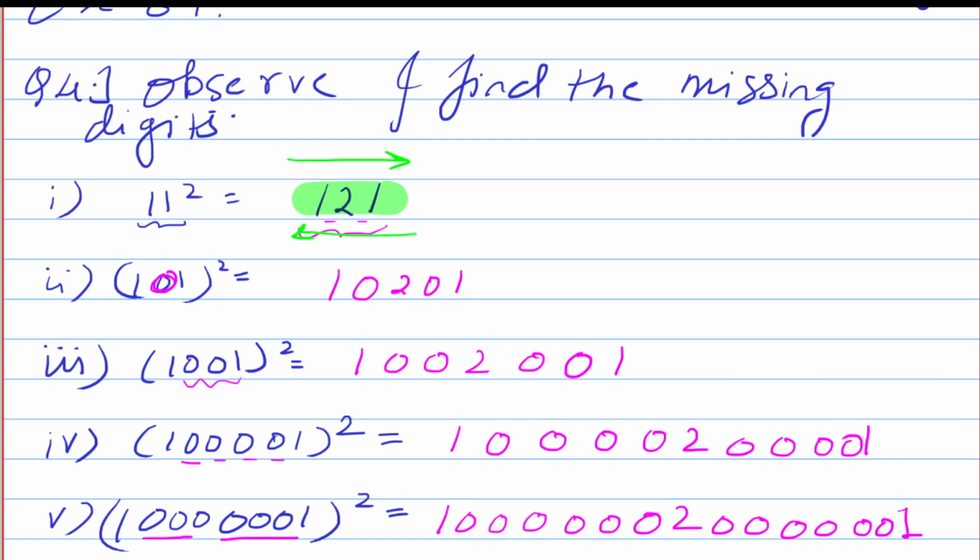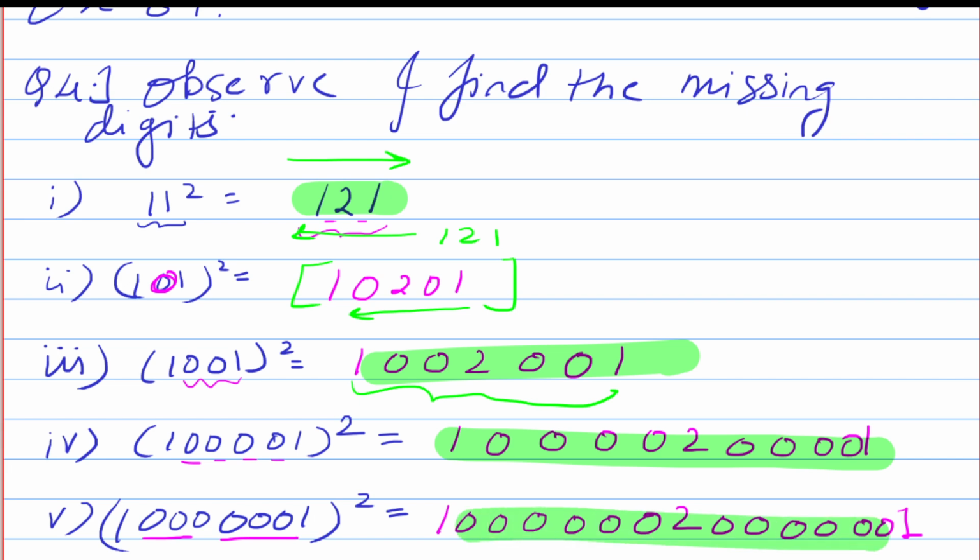If you read it in the opposite direction also, it is 121. And you will notice the same thing happening with the next number, 10201. If you read it in the opposite direction, you get the same number, 10201. You will observe the same pattern throughout all the numbers.